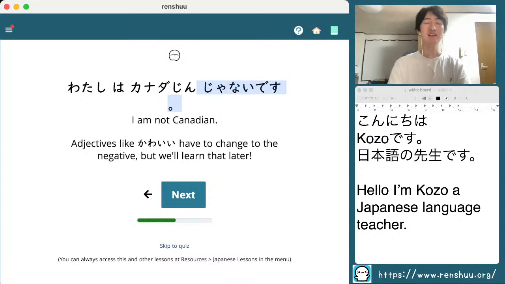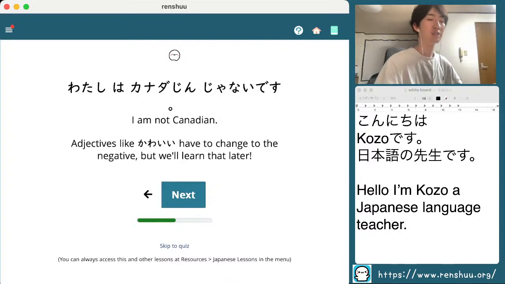But for い adjectives, such as かわいい、楽しい、大きい, you can't use じゃないです. So I think this time you should learn only with nouns.